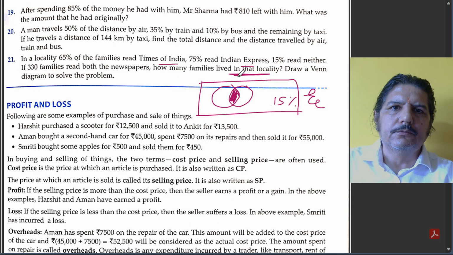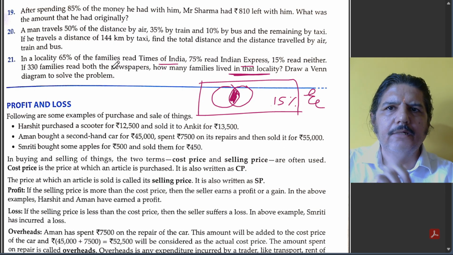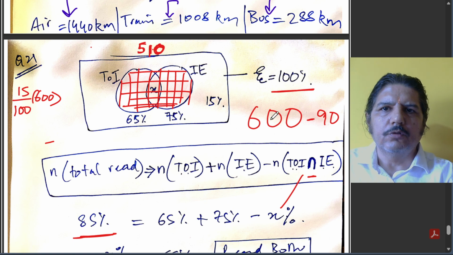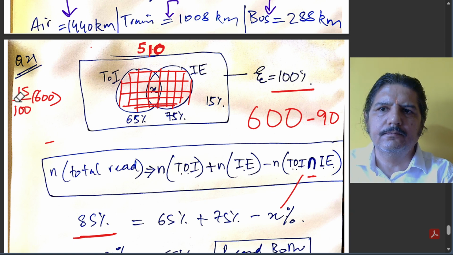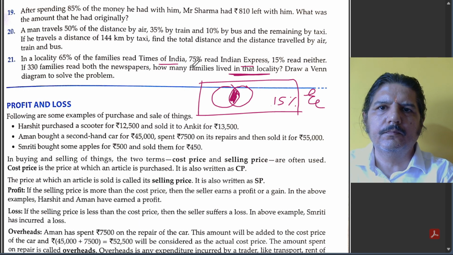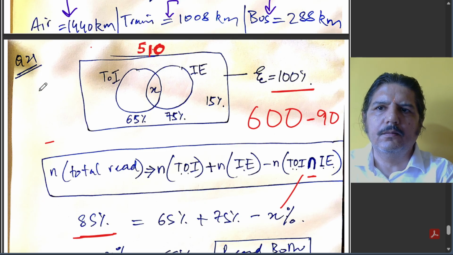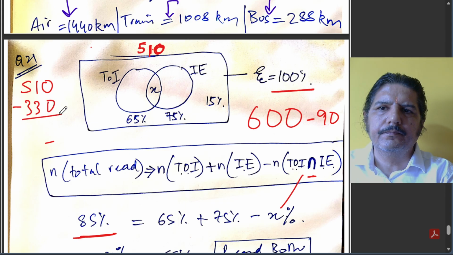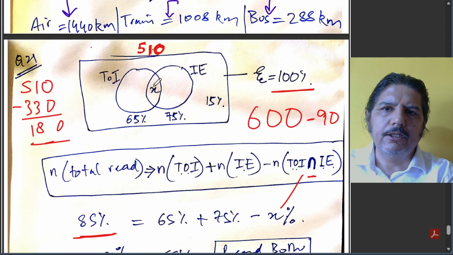Now out of these 510, 330 read both the papers.